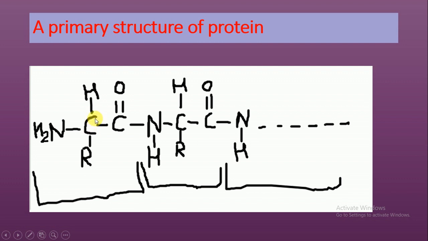So you can see that this carbon is alpha carbon, this carbon is carbonyl carbon, this carbon is alpha carbon, and this carbon is carbonyl carbon. So if I say alpha carbon, you should understand the carbon which is bonded to alkyl group and hydrogen, and if I say carbonyl carbon, carbon bonded to oxygen.